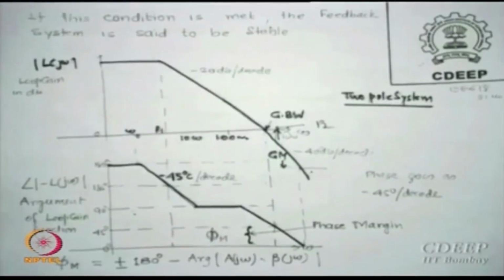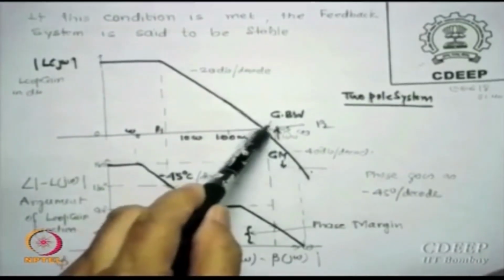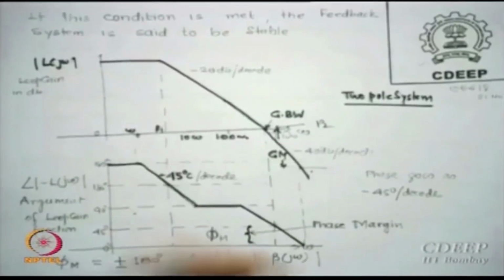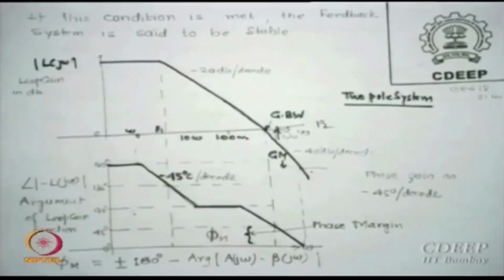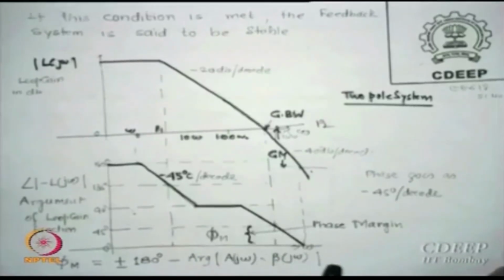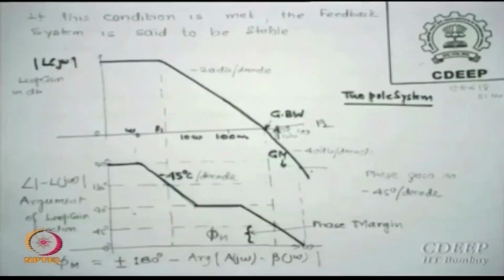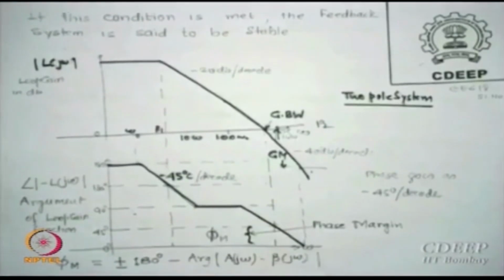Now this essentially is trying to tell that when the gain bandwidth product point or GBW point is reached, that is the loop gain is 0, at that time the phase is not 0. Phase is not 0, but it is some positive quantity shown here. What does this essentially mean?